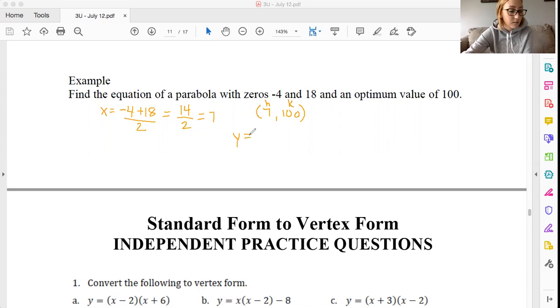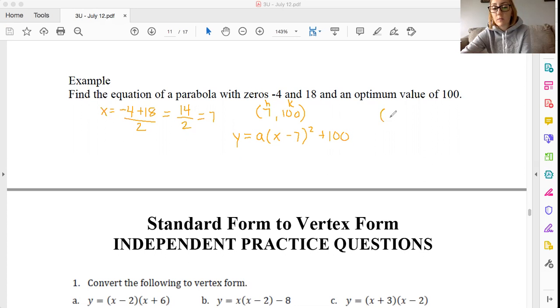So y is equal to a, because we don't know a, (x minus 7) squared plus 100. Oh, wow. We're going to undo that. There you go. That's better. And what you can do to find this a is you're going to use one of your zeros.